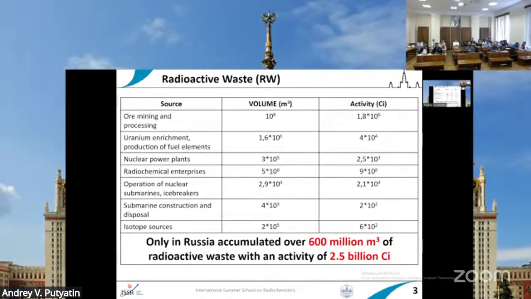Here, the activity is given in curie. Curie is another known standard unit. As you know, it is equal to 3.7 times 10 to the power of 10 becquerels. It is a convenient unit to measure activity when we are talking about huge activities.